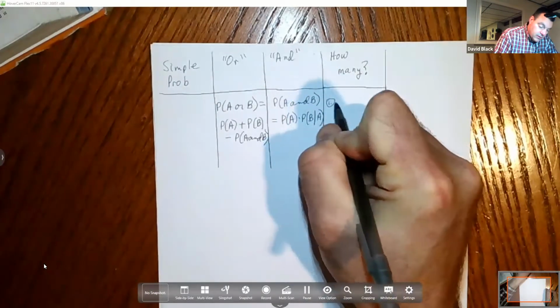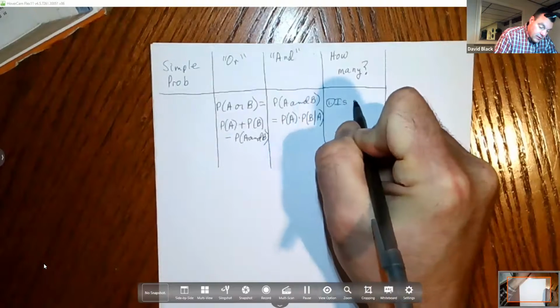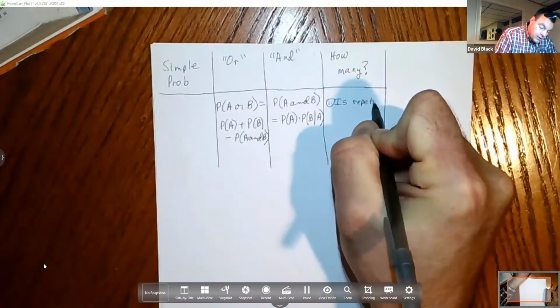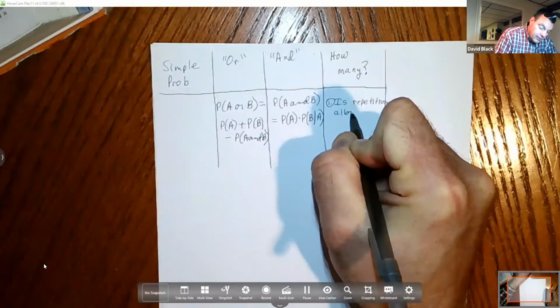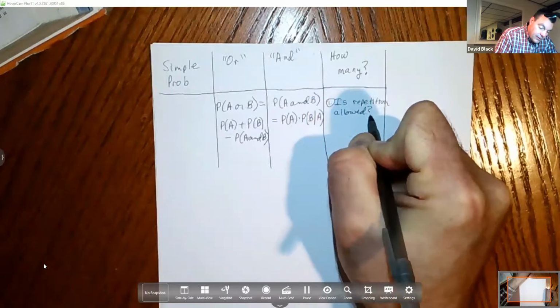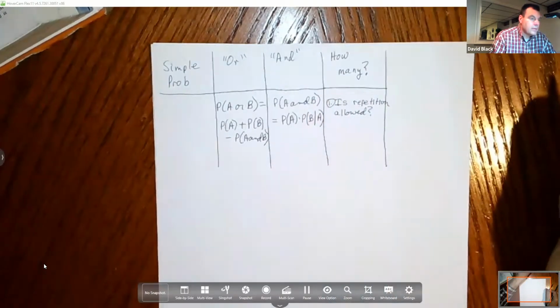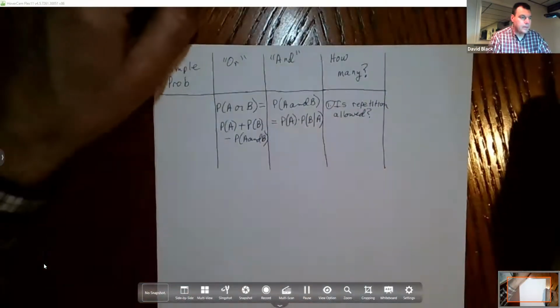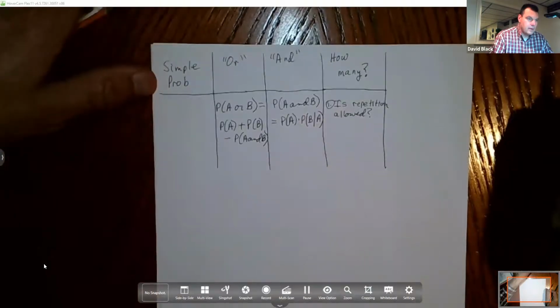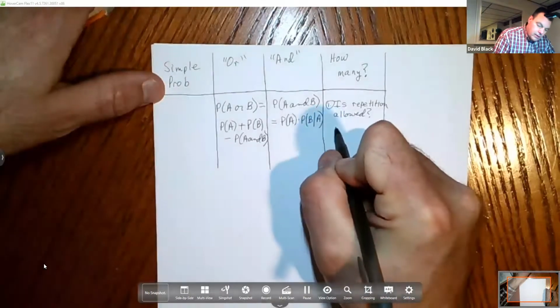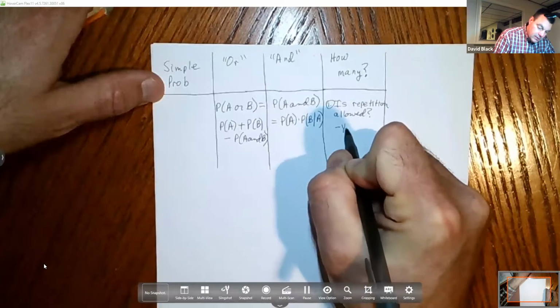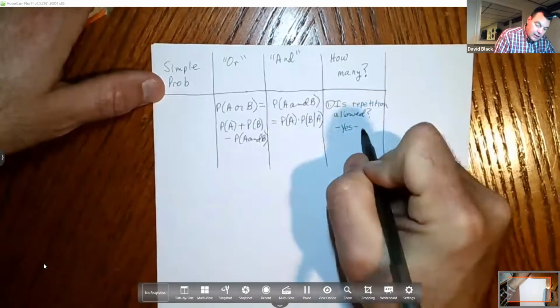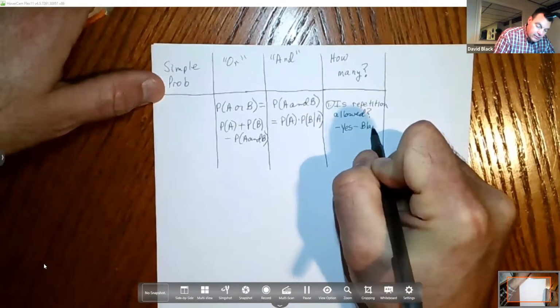The first question we ask is, repetition allowed? And if the answer to that question is yes, repetition is allowed, then we drew blanks.